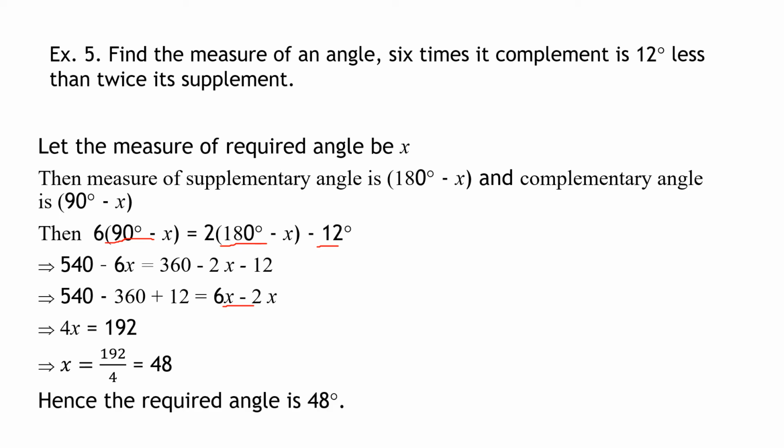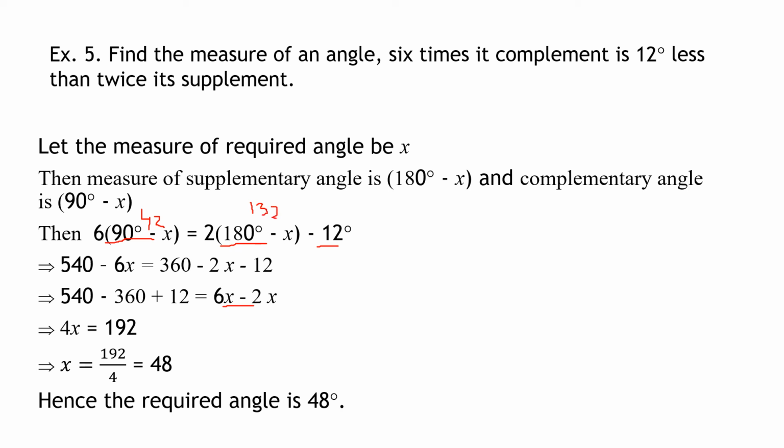Now you may check. The angle is 48 degrees. What is 90 minus 48? 90 minus 48 is 42. What is 180 minus 48? 180 minus 48 should be 132.